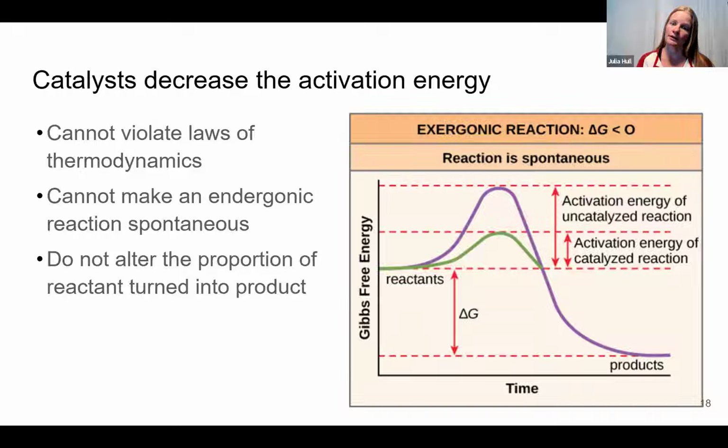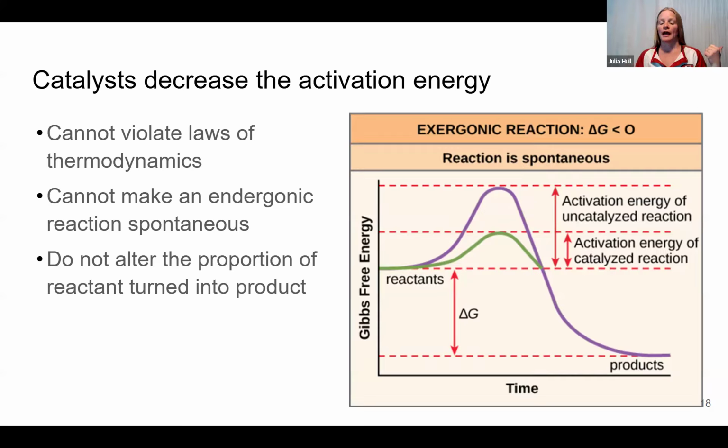Catalysts are going to decrease the activation energy, but they cannot violate the laws of thermodynamics. We cannot turn an endergonic reaction into an exergonic reaction, right? So we can't turn something that requires energy input into something that is going to have energy output, right?